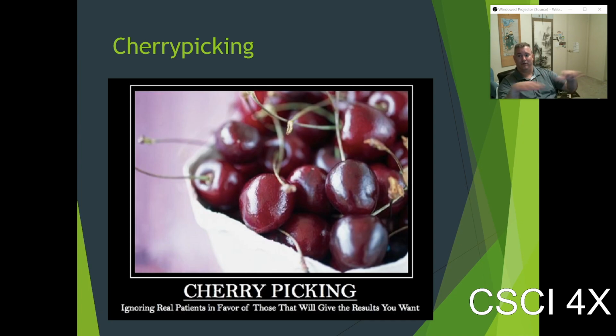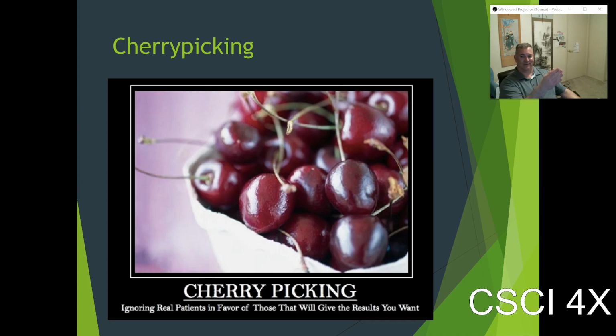Contrawise, after you do an experiment, you can select just the examples you like and dismiss the other ones as outliers, right? Depending on how that's done, that can either be gross scientific misconduct or the way science is done sometimes. Because you have to clean your data, you have to discard outliers, and so you have to be very careful, though, if you're trying to do science honestly, that you don't just say, I don't like those numbers.